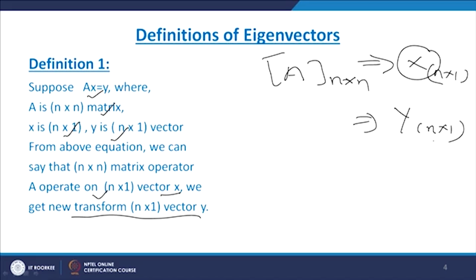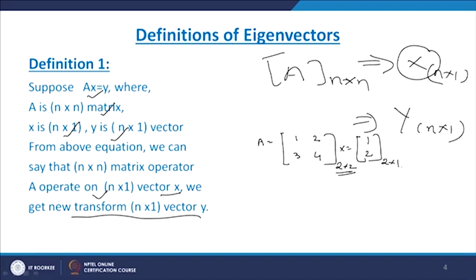For example, let us say A equals 1, 2, 3, 4. What is the order of the A matrix? The order of A matrix is 2 cross 2. Now this has to operate on x. Let us say x is a vector of order n cross 1, say here 1, 2. So the order is 2 cross 1, 2 rows 1 column.